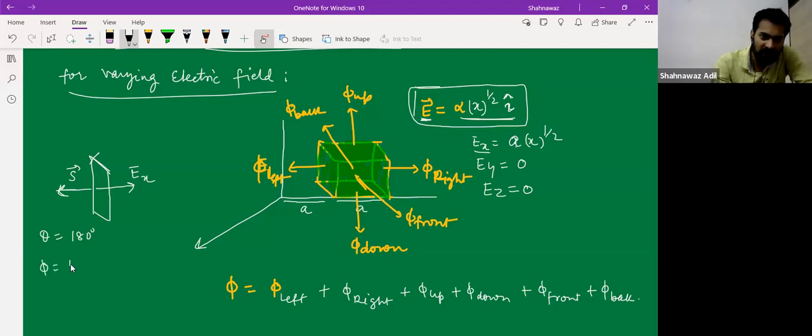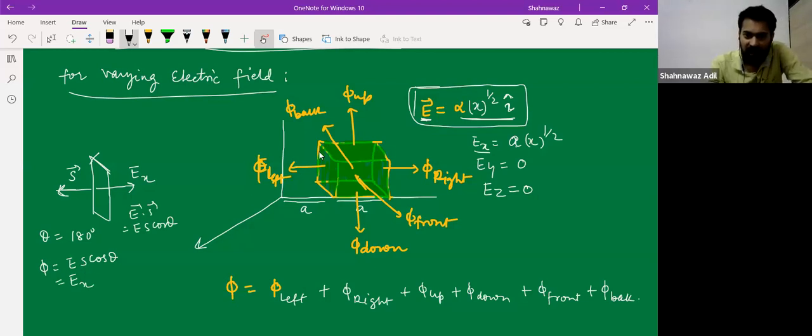So what would be then flux? Flux is E S cos theta, right? Because E dot S is E S cos theta, right? So this is Ex and S area is A times A, so this is A square, and cos theta is 180 degree, so minus 1, right? And we know the X distance from here.